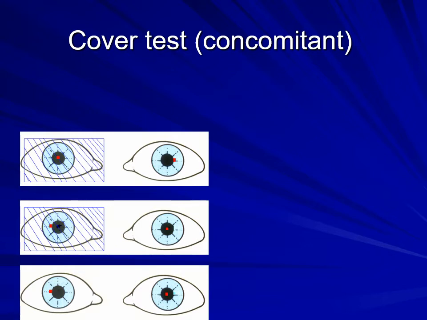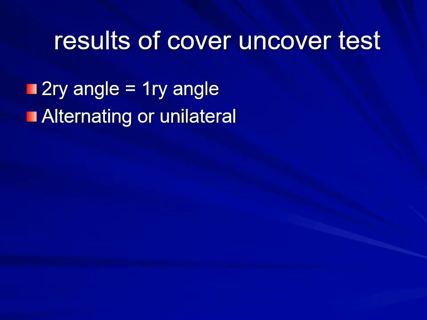That's because there is no paralysis of extraocular muscles and no extra impulses in case of concomitant squint. So the primary angle of deviation is equal to the secondary angle of deviation.